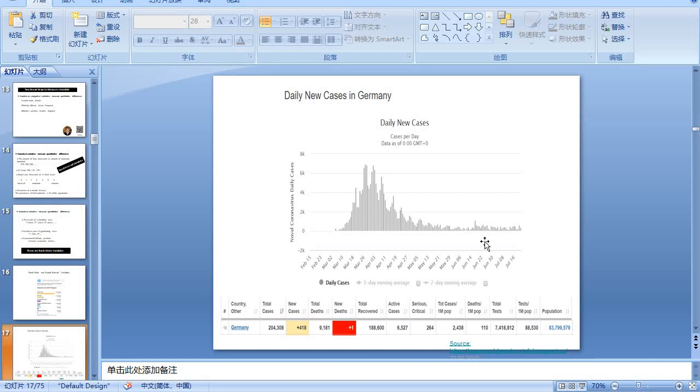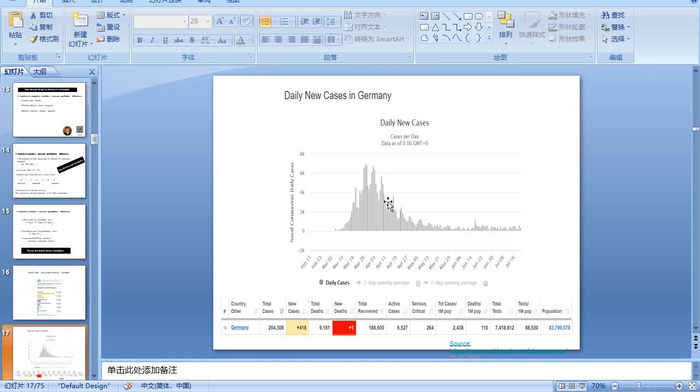That's equal interval variables. Let's look at another interesting variable. This is the number of daily new cases reported in Germany. You can say, in March and early April, they have two peaks. On two short periods, they reported many new cases relative to the other days.